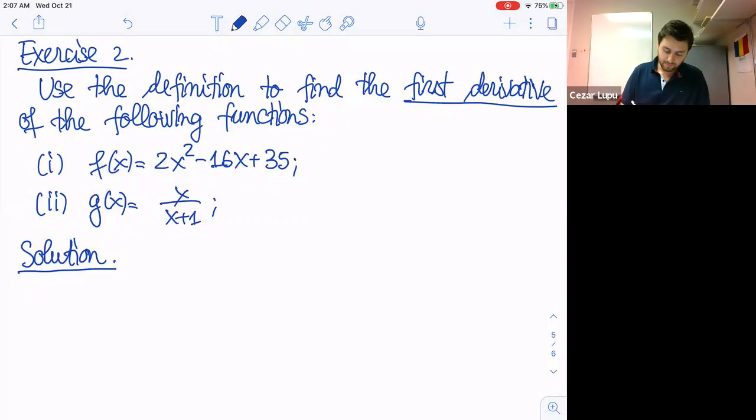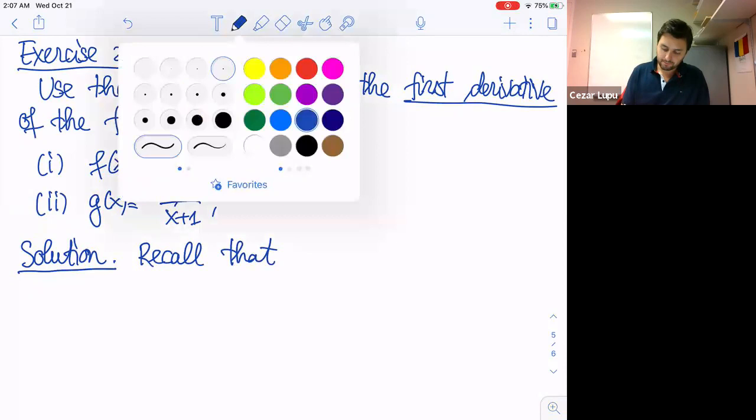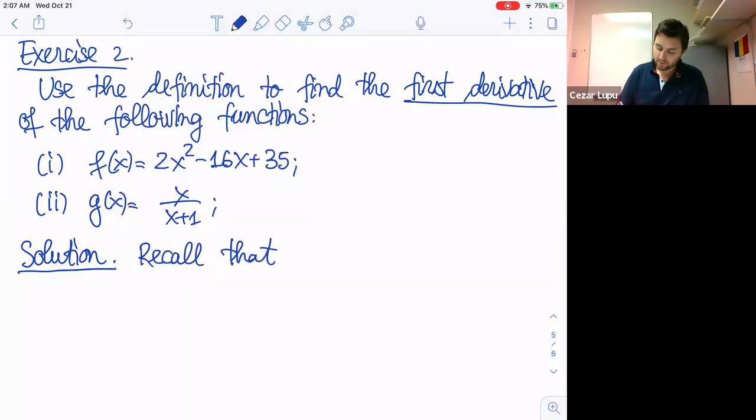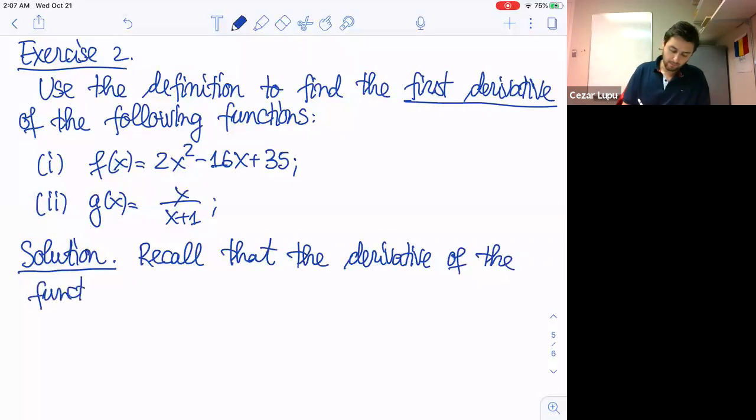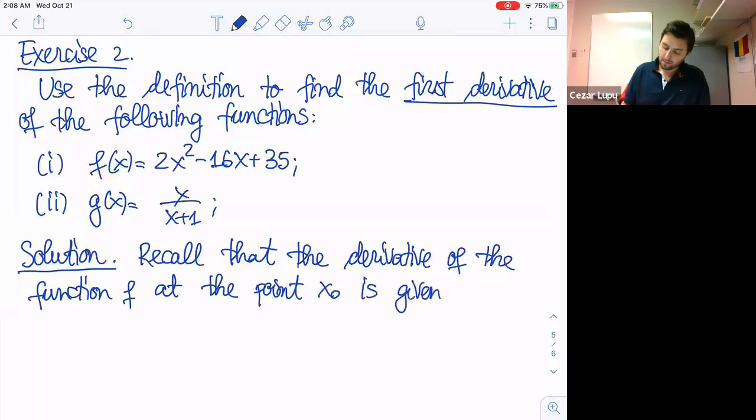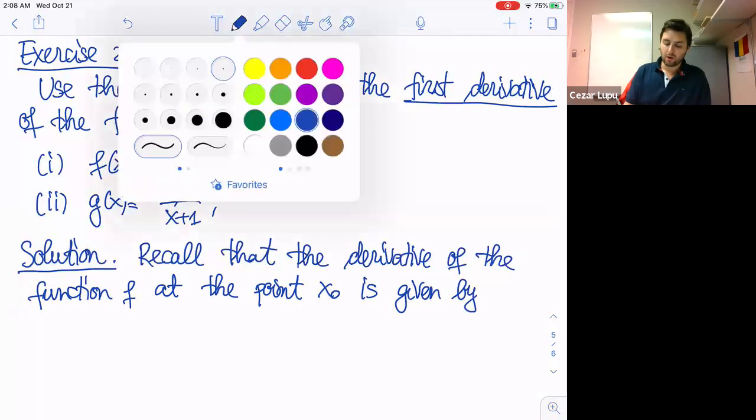So recall that, let's write in words, that the derivative of the function f at the point x naught is given by the following formula.